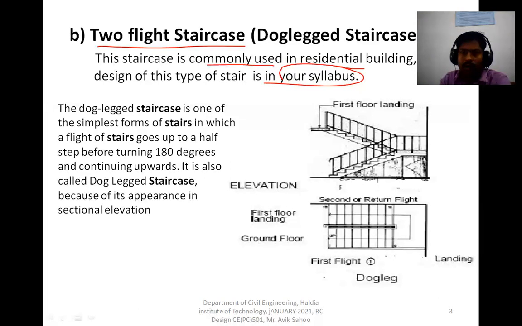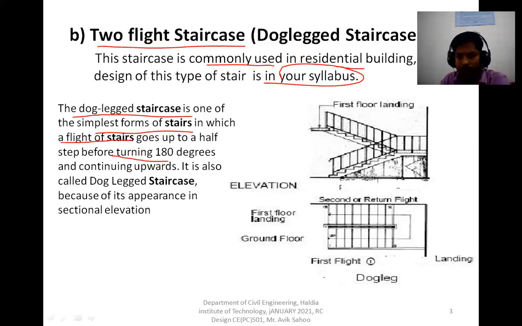Now the dogleg staircase has two flights. You see that the dogleg staircase is one of the simplest forms of stair, in which a flight of stairs goes up to a half landing before turning 180 degrees.